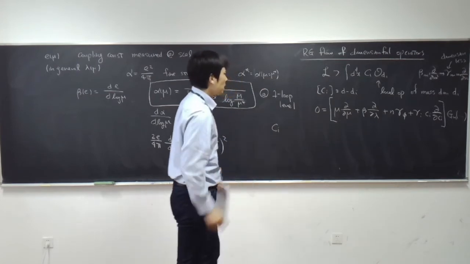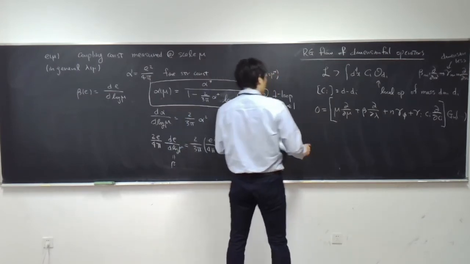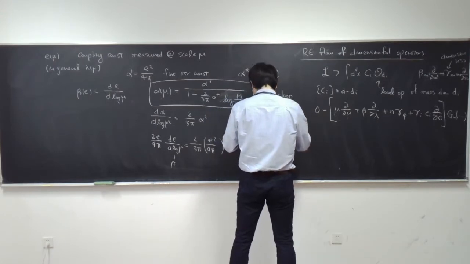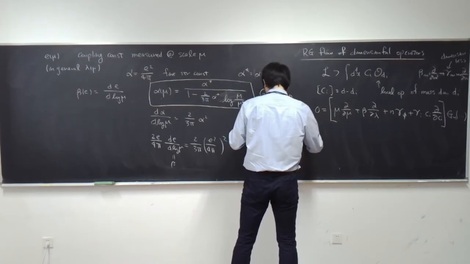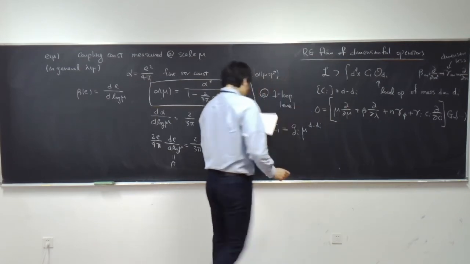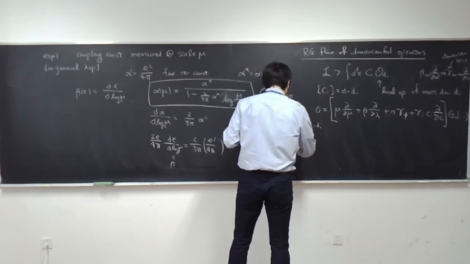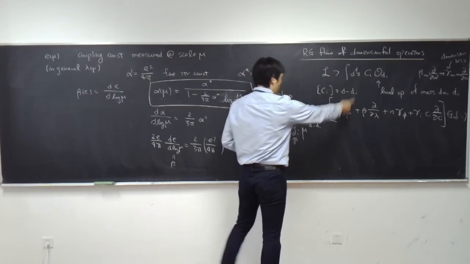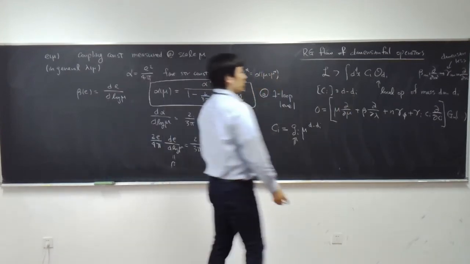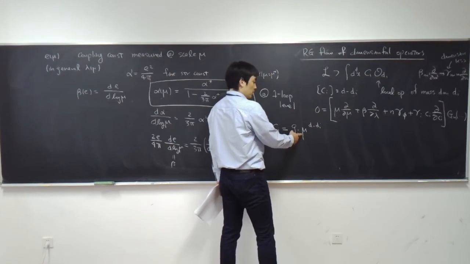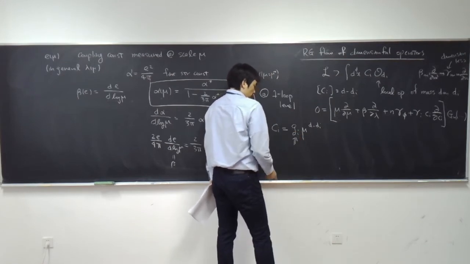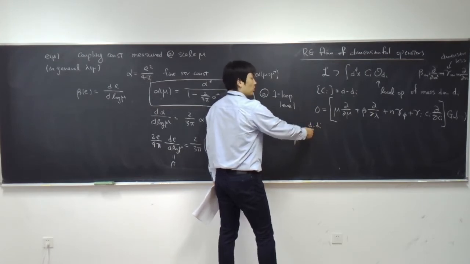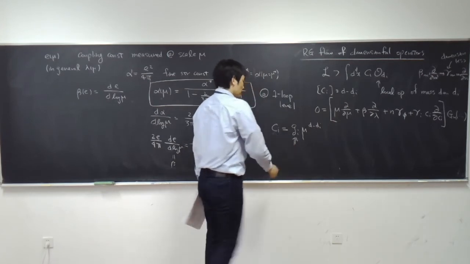Since the scale we introduce has a mass dimension, c_i has mass dimension d minus d_i, and if you assume the theory is massless, the only parameter that has mass is mu. Therefore, c_i has to be proportional to mu to the d minus d_i for dimensional reasons, and g_i is a massless parameter.